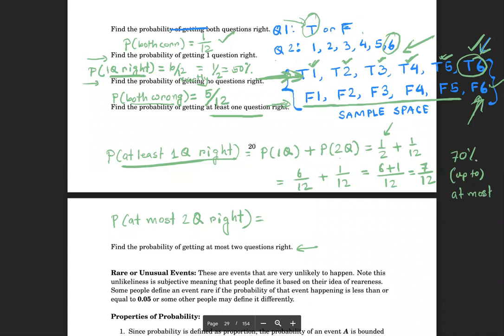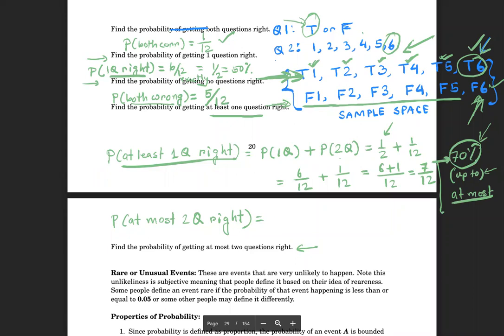You see a sales ad that says 70% off, and people think, oh, 70% off, let's go. But in the fine print at the bottom, it says up to, which is to say at most. It could be 70% or less. If you go to the store, at 70% discount they have something that you probably don't want. The things that you want are probably not at 70%. It's much less discount or no discount.